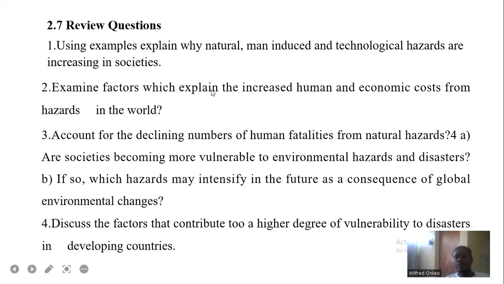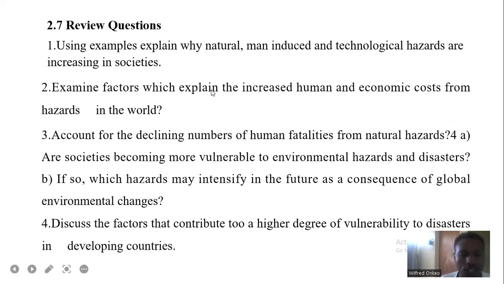You can go to some of the review questions, using examples. One: why are natural, man-induced and technological hazards increasing in society? Two: examine factors that explain increased human and economic cost from hazards in the world.